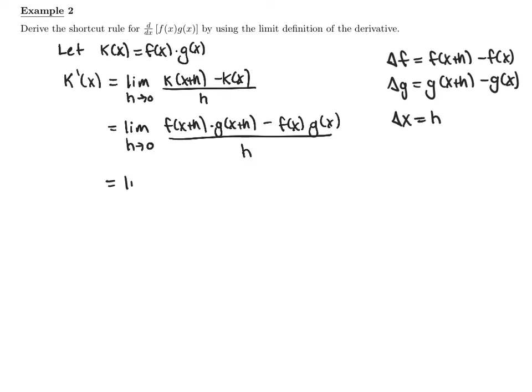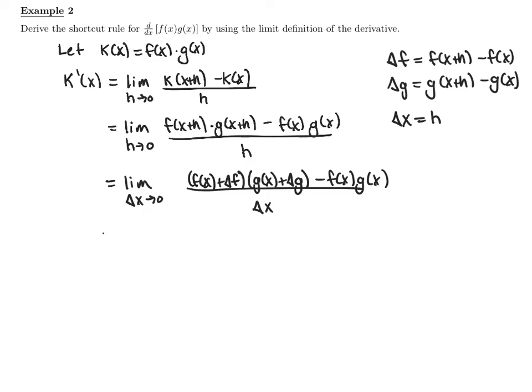So we're going to change this to the limit as delta x goes to 0. The bottom is going to be delta x. f of x plus h is actually f of x plus delta f, and g of x plus h is g of x plus delta g, minus f of x, g of x.